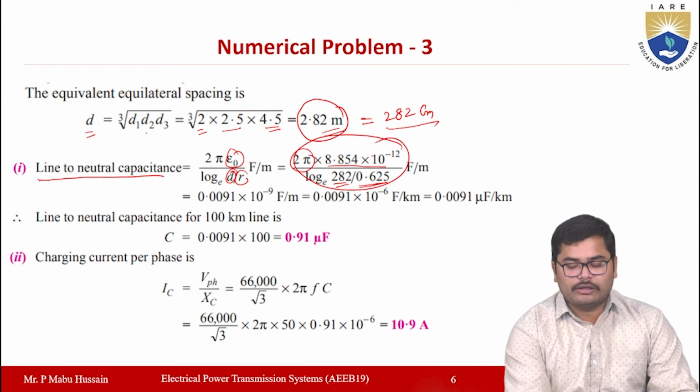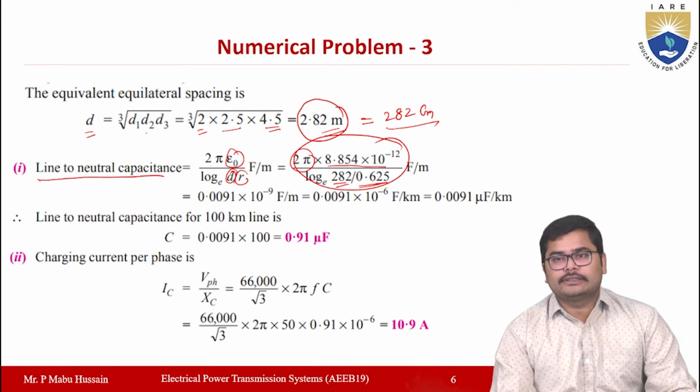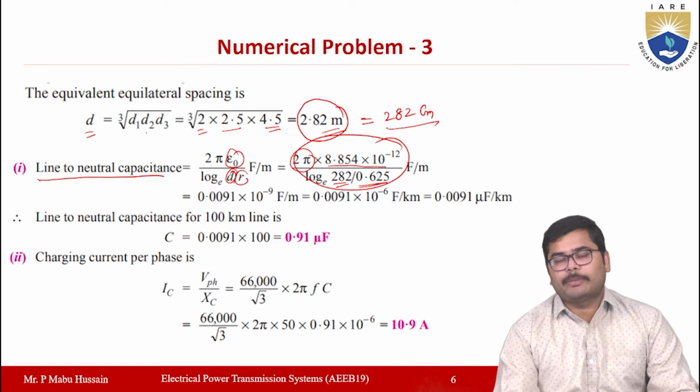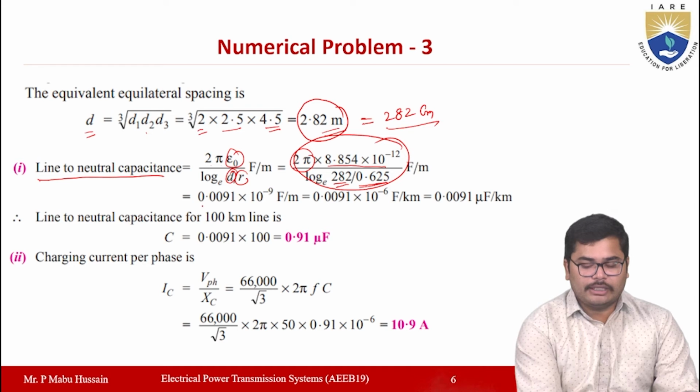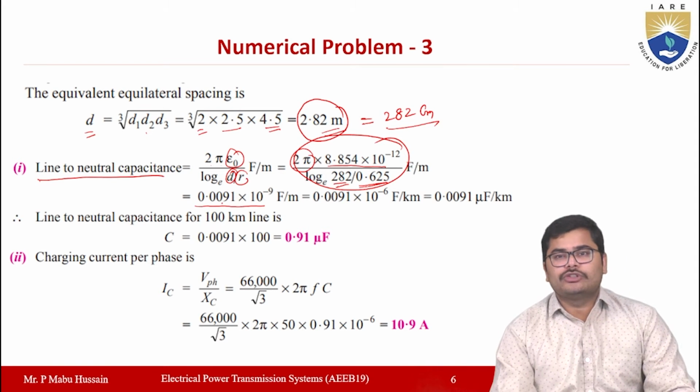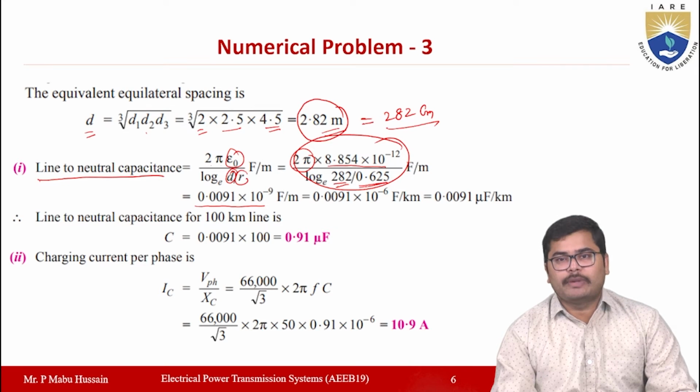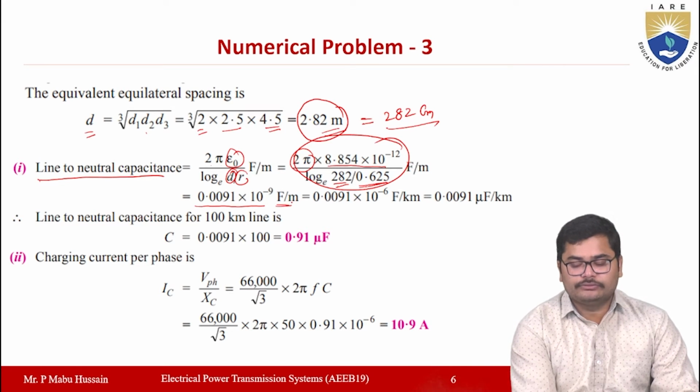If you calculate this with a calculator, the per phase capacitance we get is 0.0091 into 10 to the power of minus 9 farads per meter.